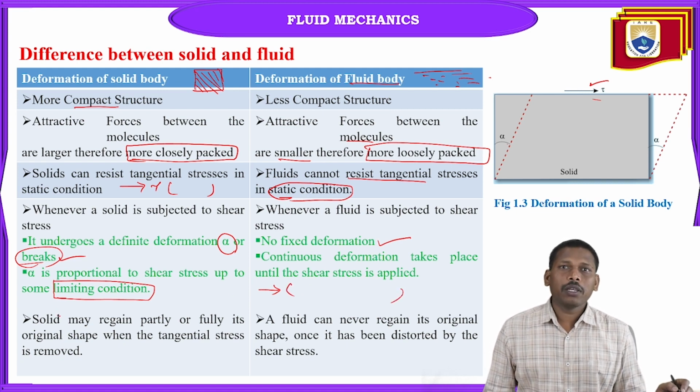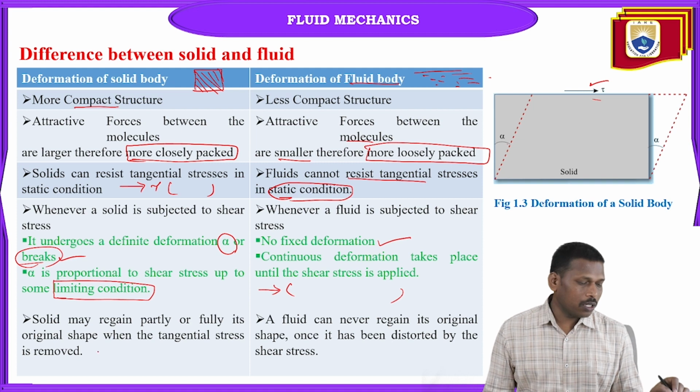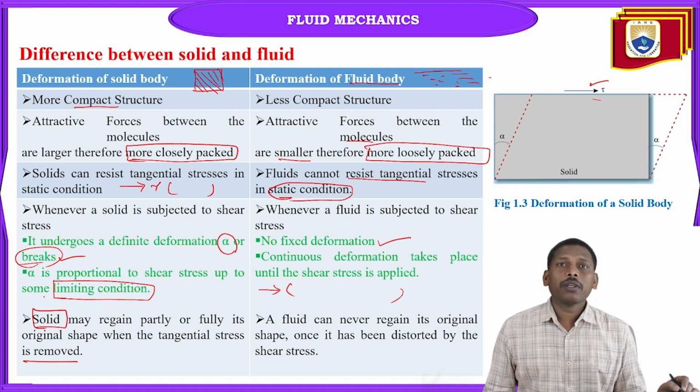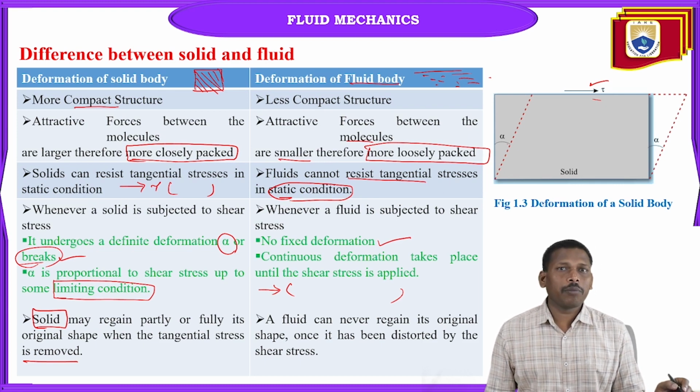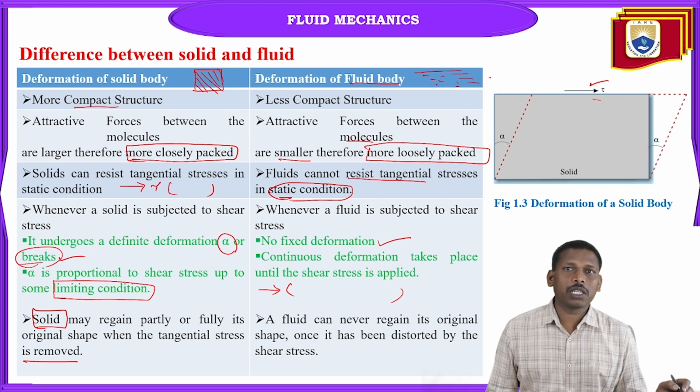So the solid may regain partially or fully its original shape when the tangential stresses are removed. So this body of solid may regain its original shape. Suppose it is within the elasticity limit, and if you remove the load within the elasticity limit of the body, then there is a possibility of regaining its original shape.